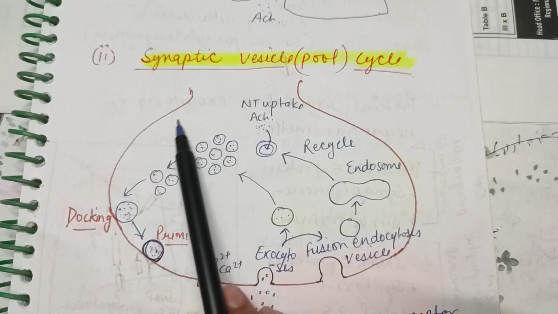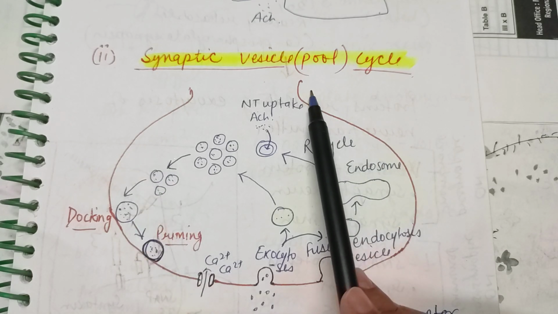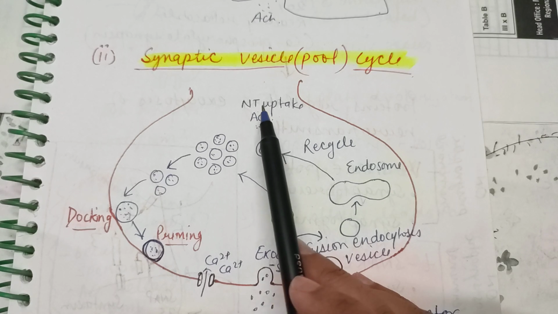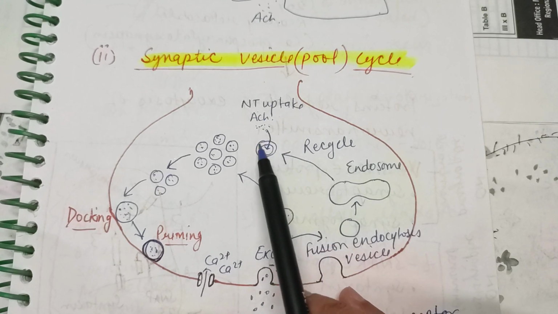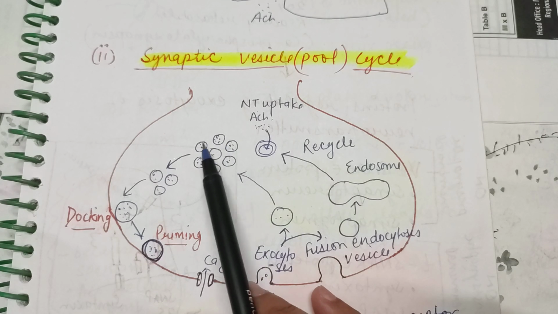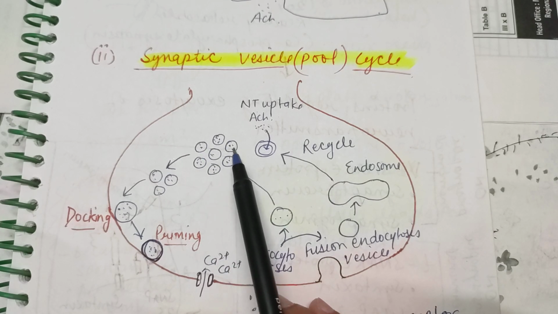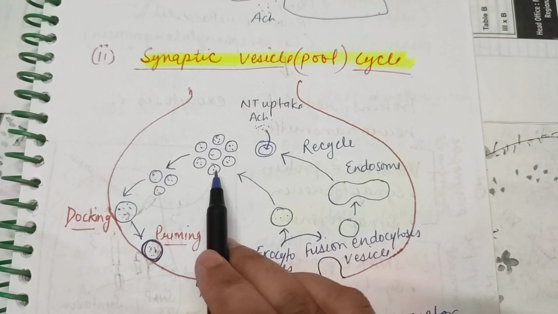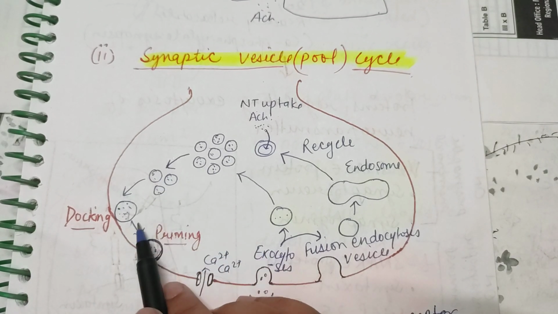So what happens basically? This is an image which explains everything in one place. These neurotransmitters are packed like this; this is a packed vesicle. Now these are the pool of all the vesicles present over there. Not every vesicle in the pool is free to move toward the membrane.